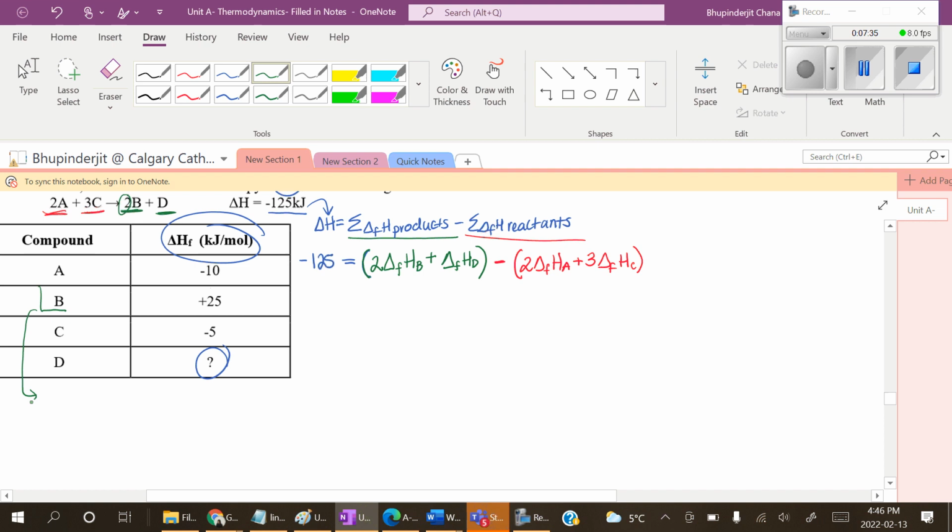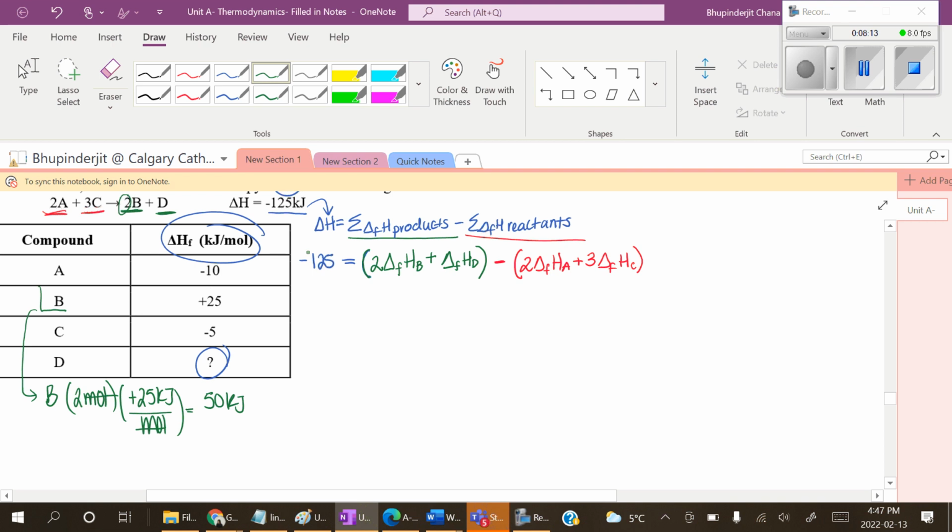So B delta formation is going to be 2 moles times positive 25 kilojoules per mole. Mole cancels out. And that gives me 50 kilojoules.